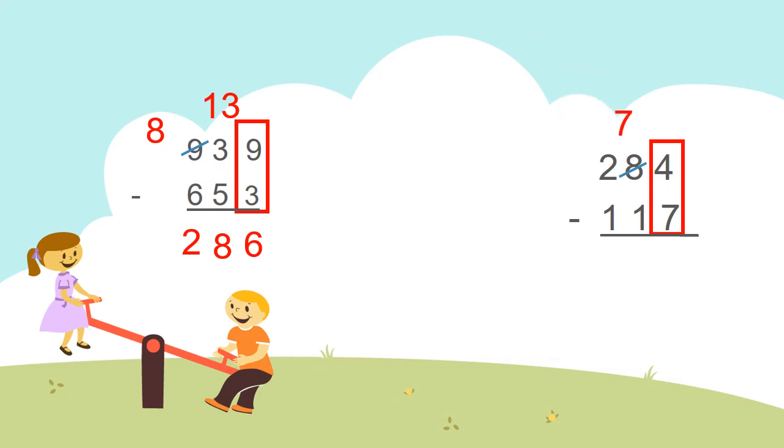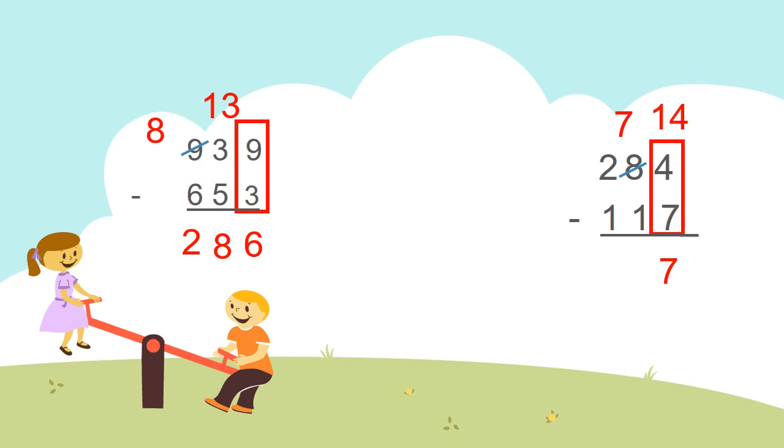The tens will be 7. And this 1 we took, we're going to change it with 10 ones. So 10 and 4 make 14. Now 14 minus 7 is 7, yes, because 7 and 7 is 14.